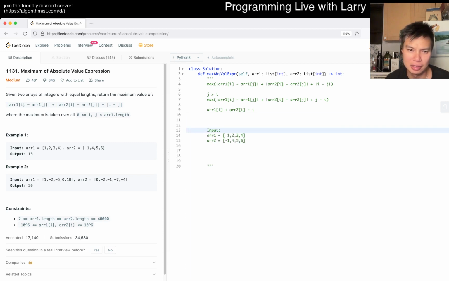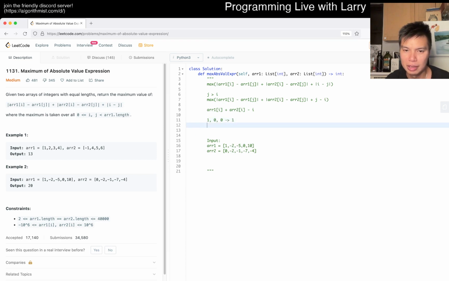Let's try it the other way. Alright, so then here the first one will store 1, 0 and 0, 0, which is 1. And the second one we want to compare.